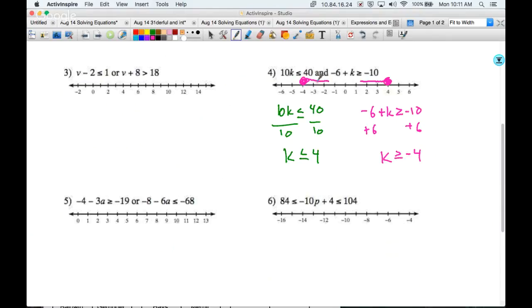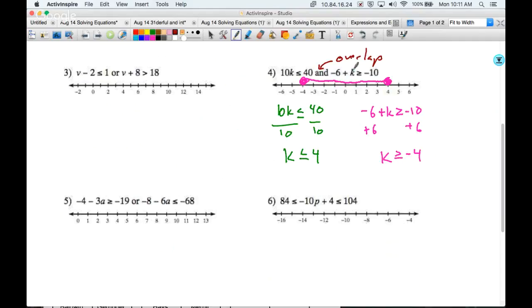The reason I didn't finish this arrow is because you can see this arrow keeps moving this way, this arrow keeps moving this way. They're going to join up and form a line segment. The line segment is all we want to keep. For and problems, we always just want the overlap of the two arrows, because in order to be a solution, you need to be on both of the arrows at the same time. And this is the only region where they overlap.